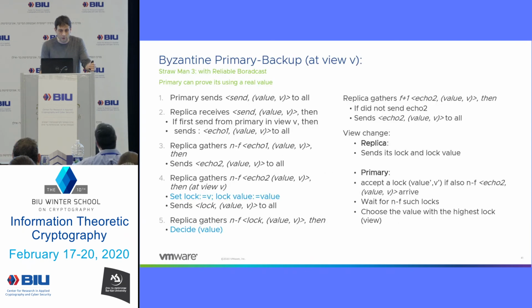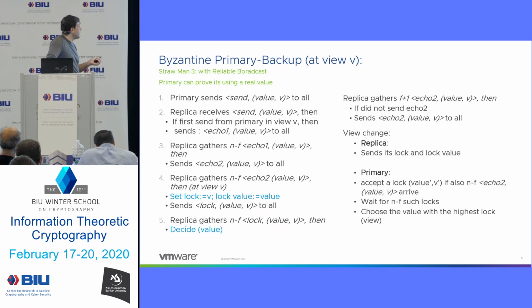So here is the protocol in one round, so in one slide. On the right side, you're seeing the view change. Here you're seeing this auxiliary, what you do with f plus 1 echo 2s. And here you're seeing the main protocol. Remember, the primary sends a message.